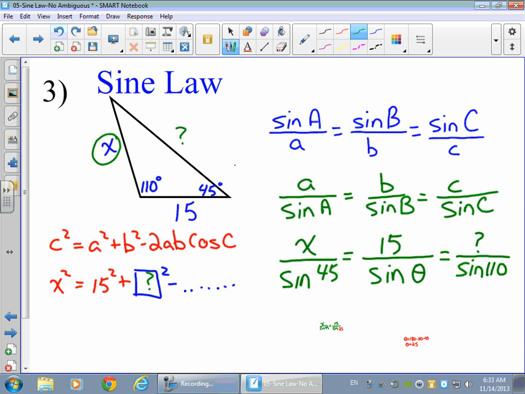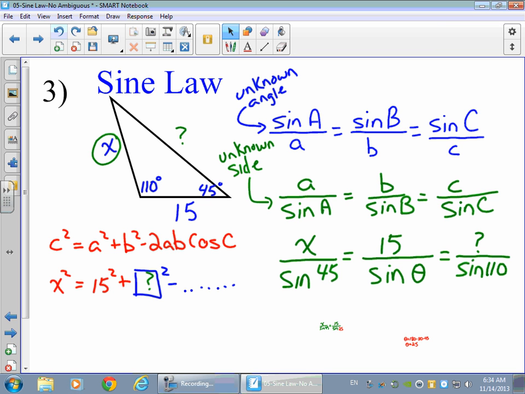If I'm looking for an unknown side, this is a slightly better formula to use. It is the exact same formula, just flipped over. And if we have an unknown angle, which I don't think we will today, this is a slightly better form to use.